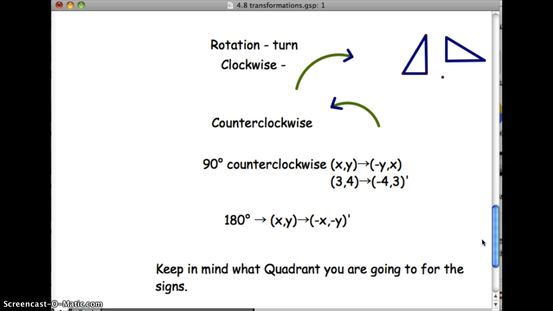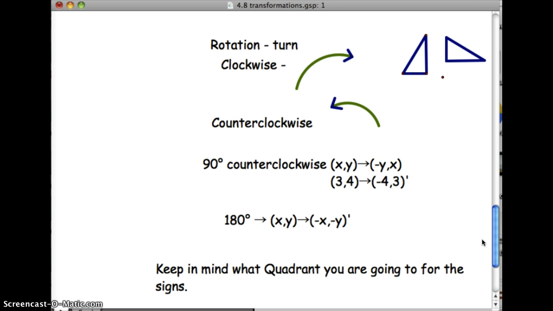It's the opposite, right? So if I have this point 3,4, I switch it over here, and then make the first one negative. Now, I still plot this like normal. This is an x, y value. This is an x, y value. This just tells me how I got there. Does that make sense? Yes? No? Pretty simple.